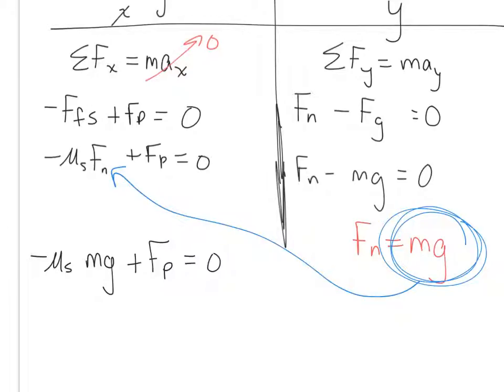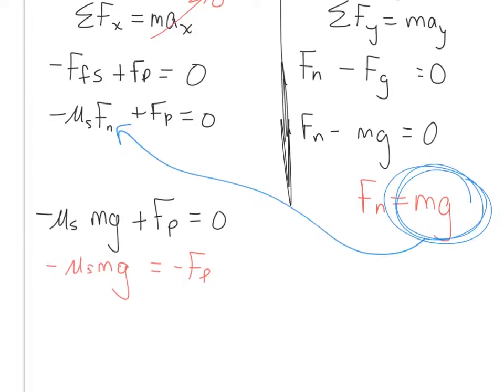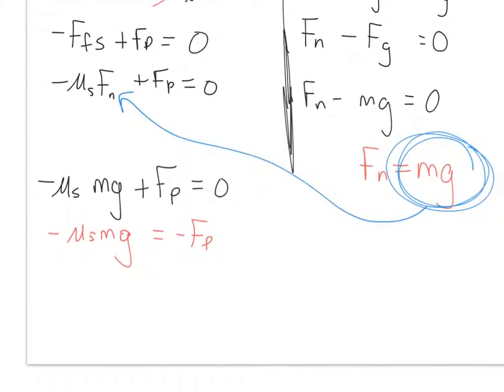So I'm going to subtract Fp. And you could plug in numbers if you'd like. I don't mind. I'm going to subtract Fp first. Then watch what I'm going to do. I'm going to divide by negative mg to get mu by itself, because if I just divide by mg, I get negative mu. I don't want negative mu, I want mu.